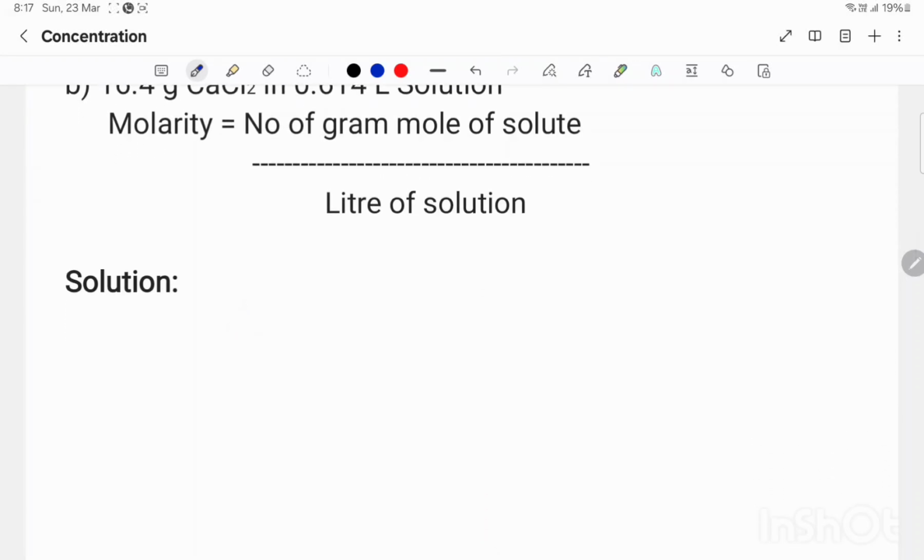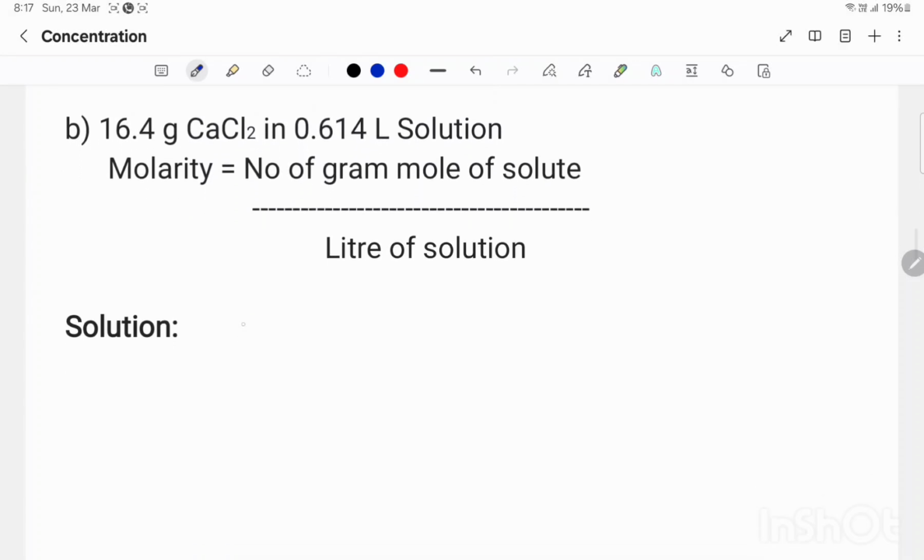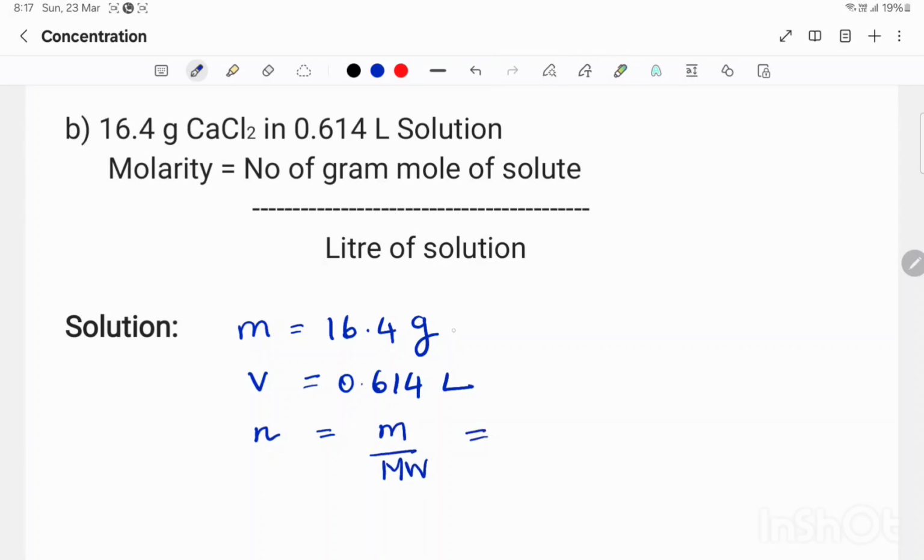Mass of the calcium chloride is given as 16.4 grams, and volume of the solution is given as 0.614 liter. So first we have to calculate the number of moles. Number of moles is equal to mass by molecular weight. Mass is given as 16.4 grams and molecular weight of calcium chloride is 110.98.